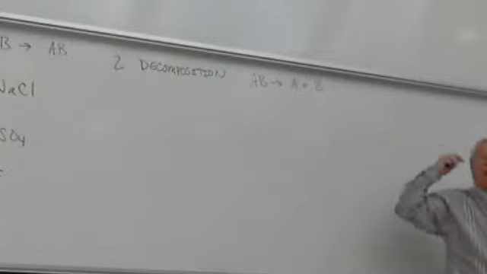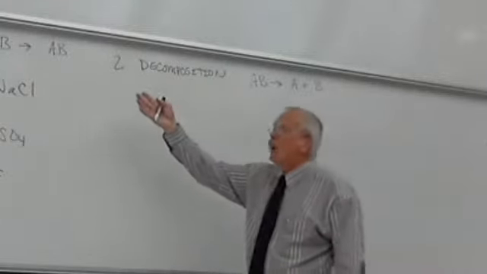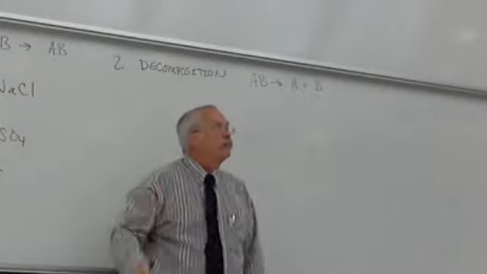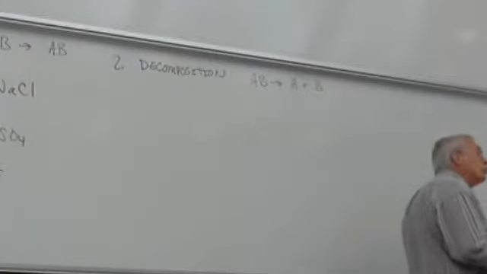Either way, product is always on the right. So, what's the product in this dummy reaction? A and B. What's the product in this dummy reaction? AB. So they change their roles depending upon where they're located.